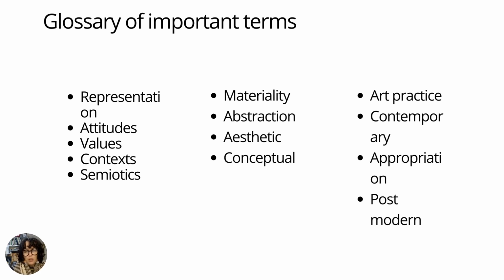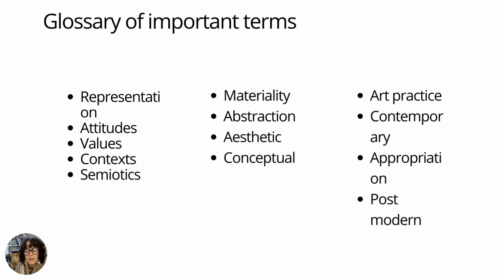Another key word is abstraction, which is reducing recognizable or representative artworks into more abstract forms, for want of a better word. Aesthetic, which has to do with the nature of things appearing pleasing. Conceptual, which is the ideas behind art.